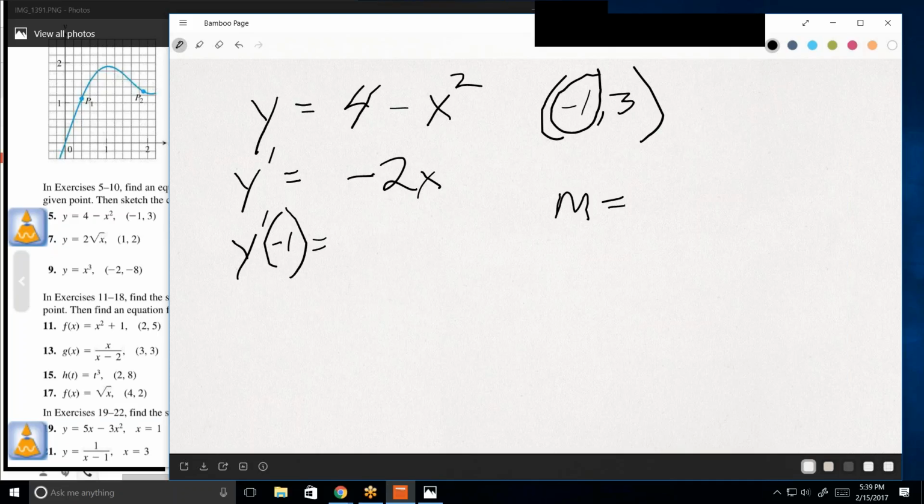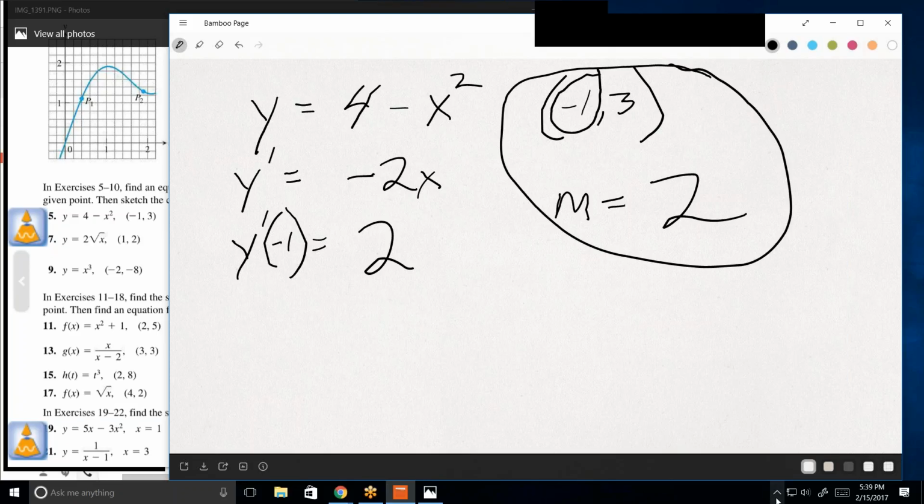What do you get for y prime? 2. That's the slope of the line they're talking about. Well, now we have an algebra problem, right? Yes. We have a slope and we have a point. Well, the general format for the equation of a line is y equals mx plus b. Well, we just got our slope. At that point, the slope of the tangent line is 2.